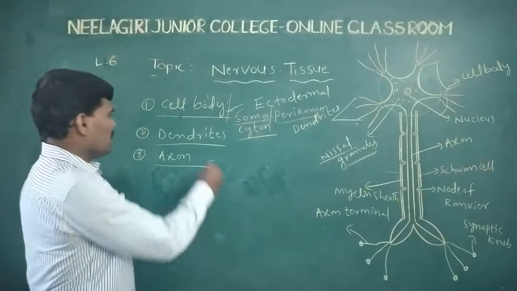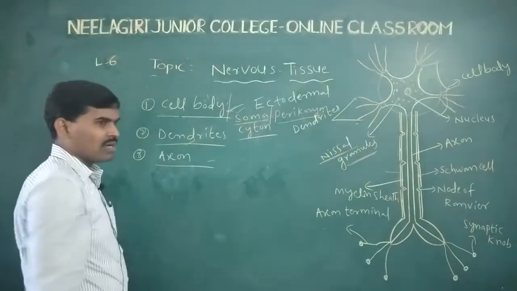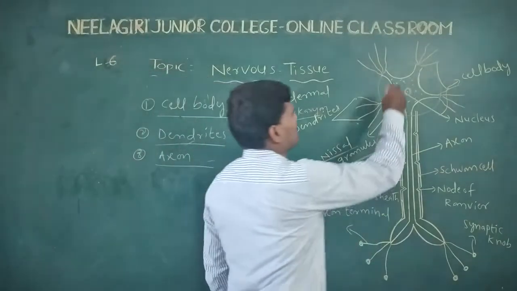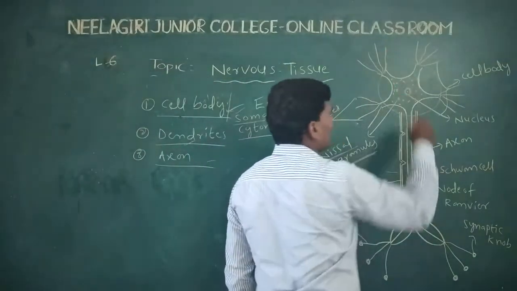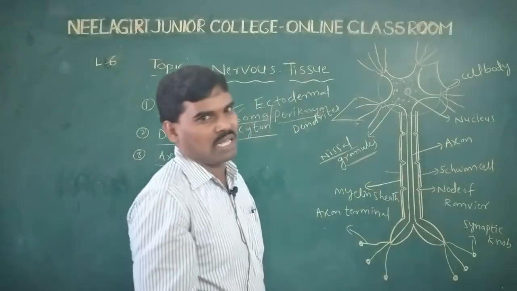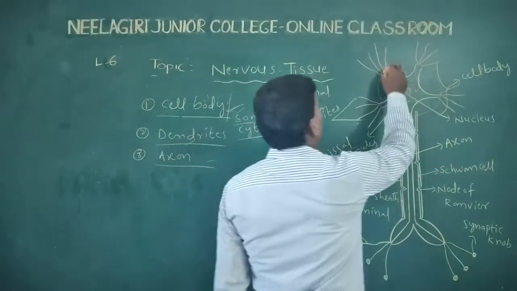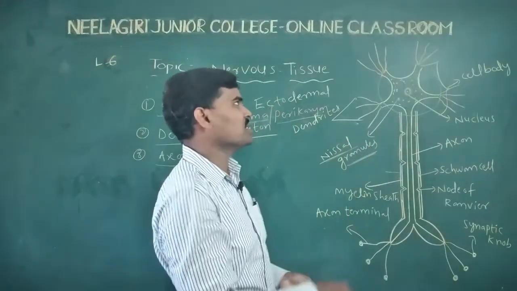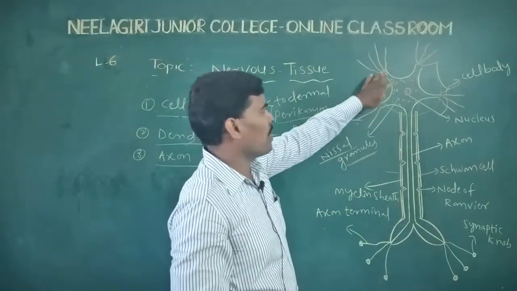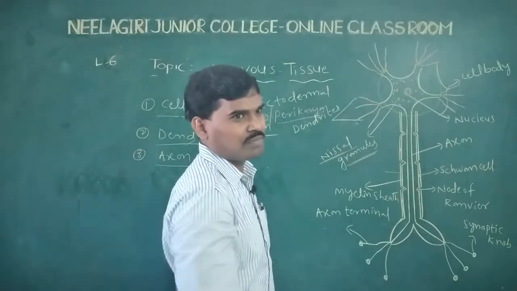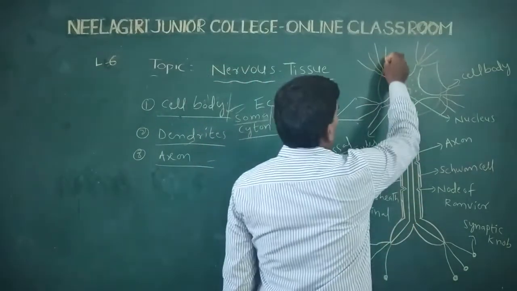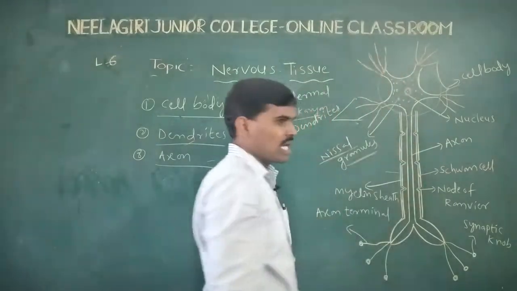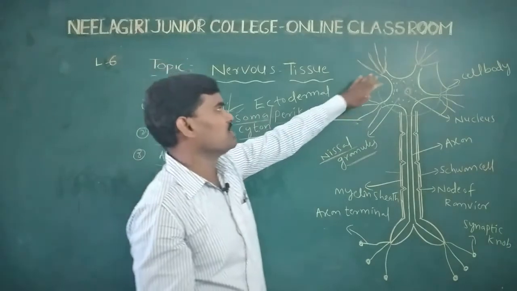Now let's see the dendrites, the second part. Dendrites are short, finger-like, branched, plant-like structures, with two or three branches.